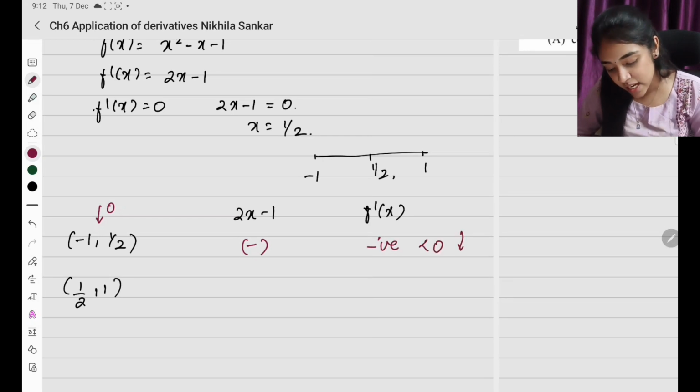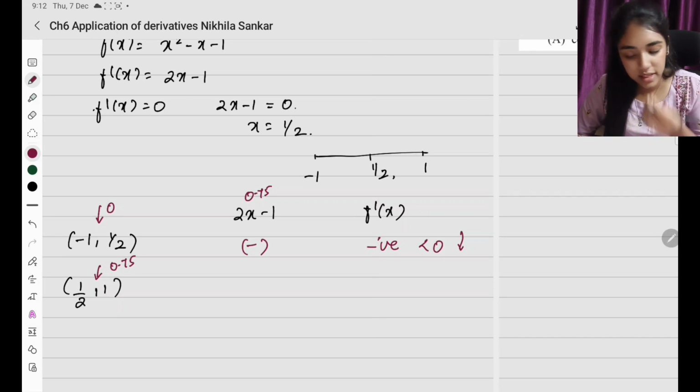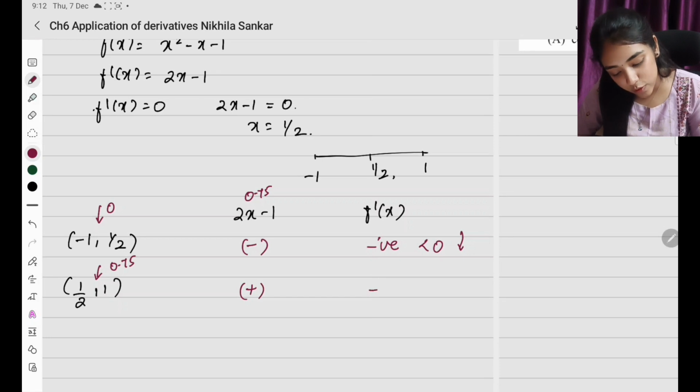So it is decreasing. Half to 1. Half is 0.5, so if I put some value like 0.75, I have 2 into 0.75, which is 1.5. So 1.5 minus 1 is going to be a positive value. So positive, greater than 0, so increasing.